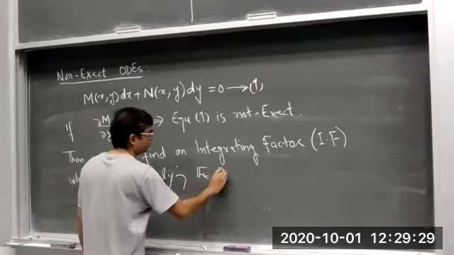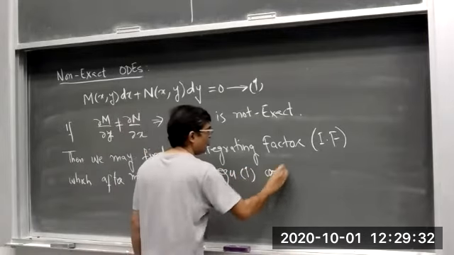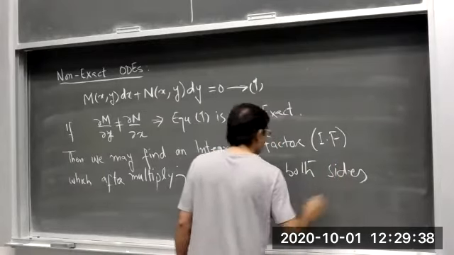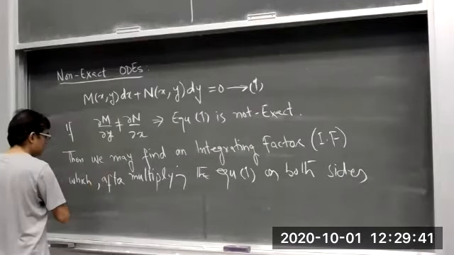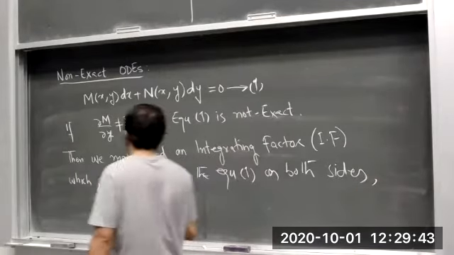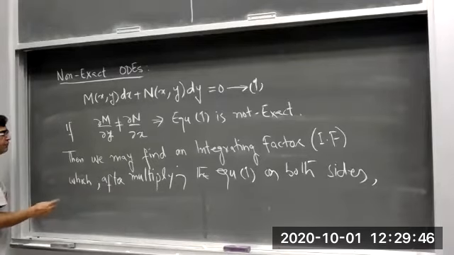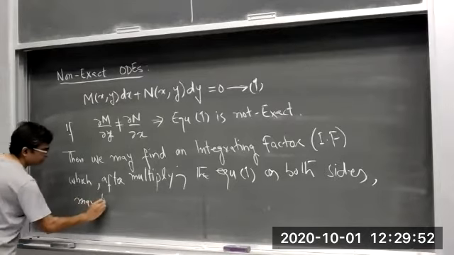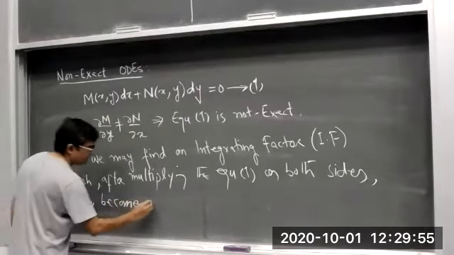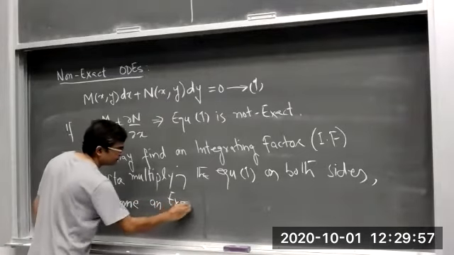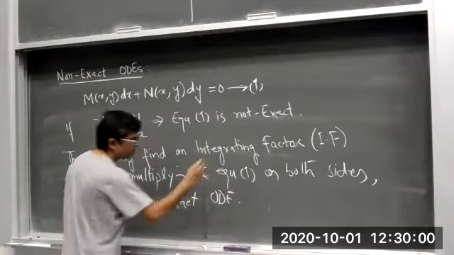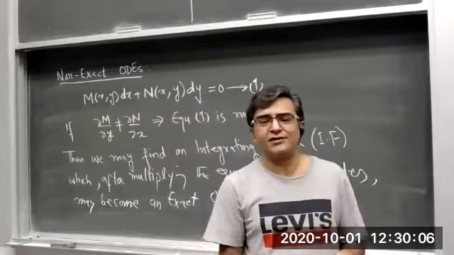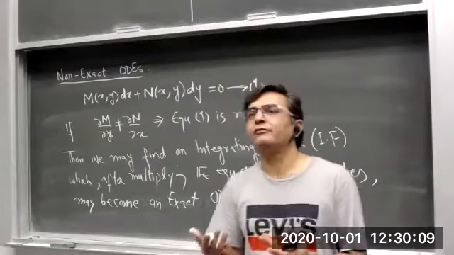the equation 1 on both sides by that integrating factor may become an exact ODE. ठीक है, in short अगर ये exact नहीं है, so there might exist an integrating factor, we have to find that integrating factor.